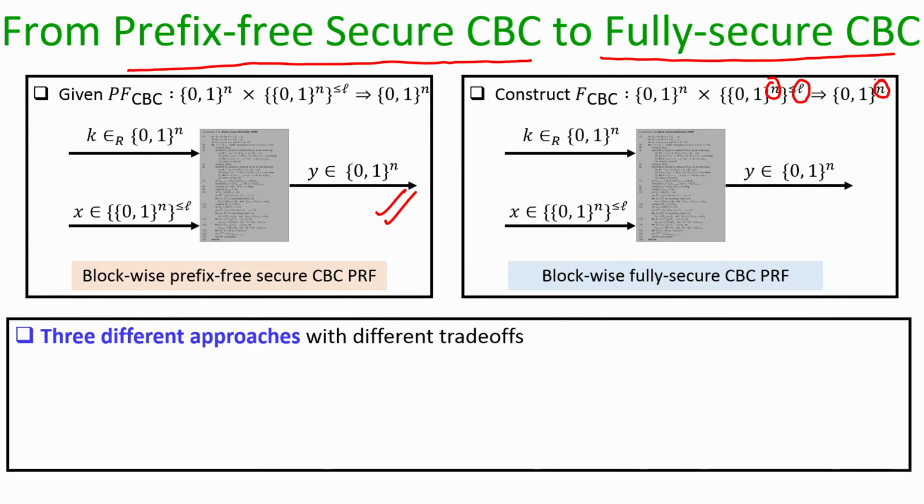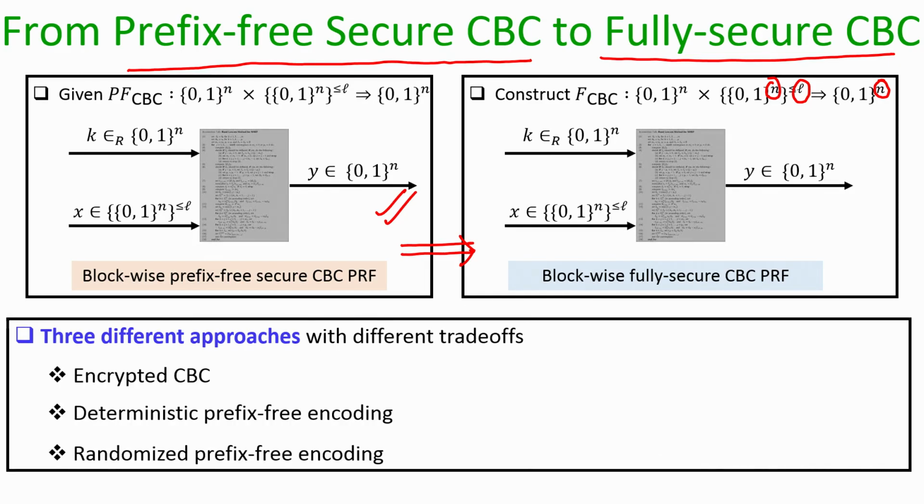And there are several approaches for going from this prefix-free secure PRF to a fully secure PRF, and each approach has a different trade-off. The first approach is an encrypted CBC PRF, and the remaining two approaches are deterministic prefix-free encoding and randomized prefix-free encoding.